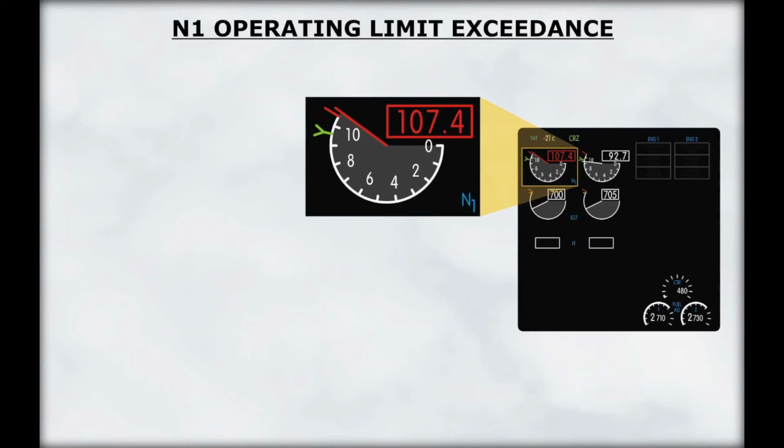The operating limit is indicated by a red line. If the N1 speed exceeds the operating limit, the digital and analog indications will be displayed in red. On the ground, after engine shutdown, the same indication is triggered by an in-flight exceedance.